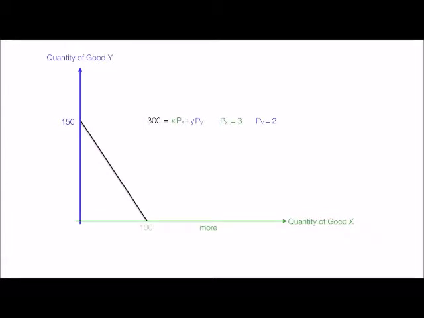Now, if the price of Y goes up, the consumer will be able to consume less of it. So let's say price of Y goes up to 5. The consumer will consume less of Y, but I'm not sure how much yet, but we'll calculate that. I take income divided by the price of Y is equal to 300 divided by 5.